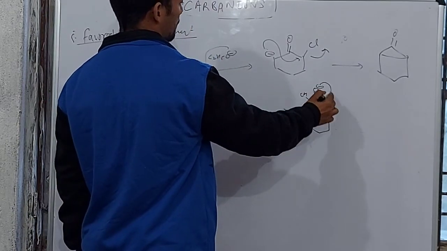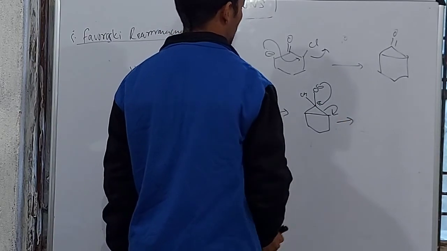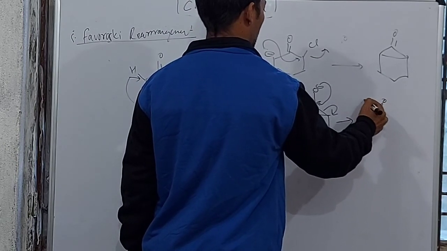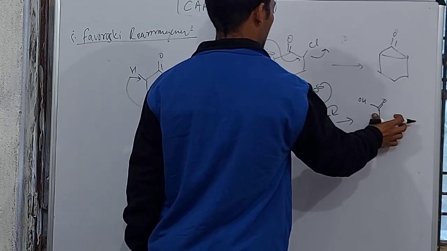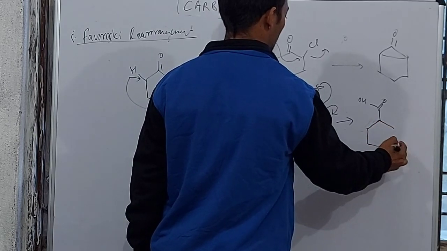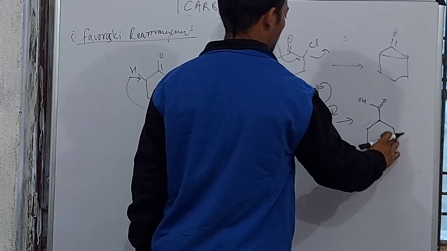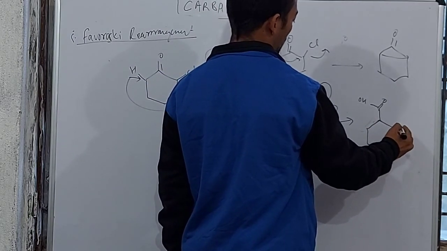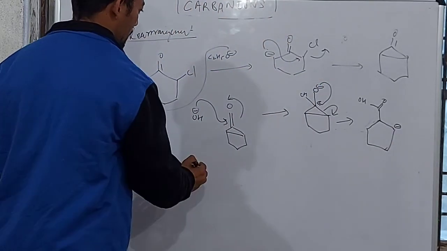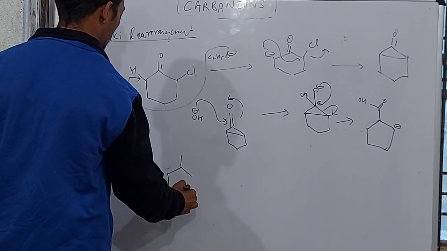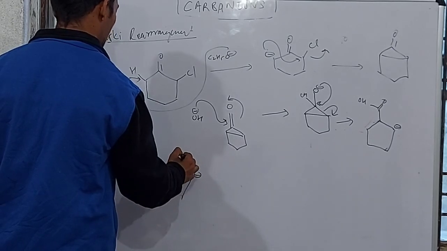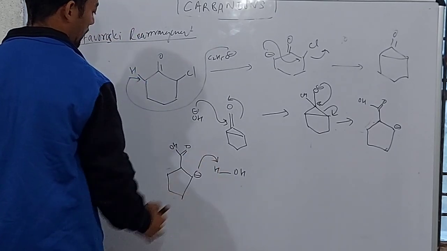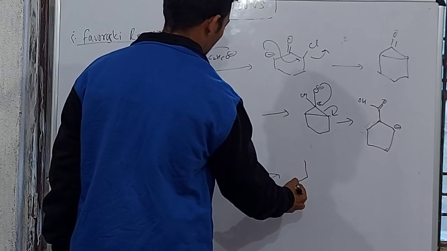And now the electrons from O go to make a double bond here, opening this small ring, and thus we get a carboxylic acid derivative here, and further this negative charge will be taken up by the water molecule, because H will take it, and H will be attached to this ring to form a carboxylic acid derivative. So this is the Favorskii rearrangement reaction.